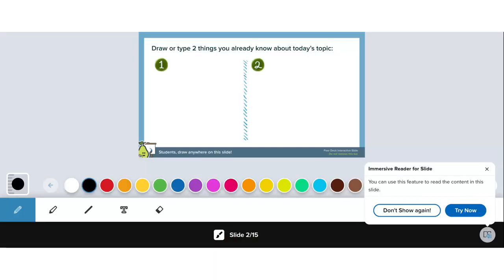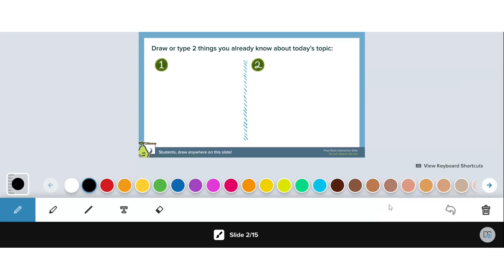Draw or type two things you already know about today's topic. And today's topic is immigration during the Gilded Age. There are two things that you already know about today's topic.